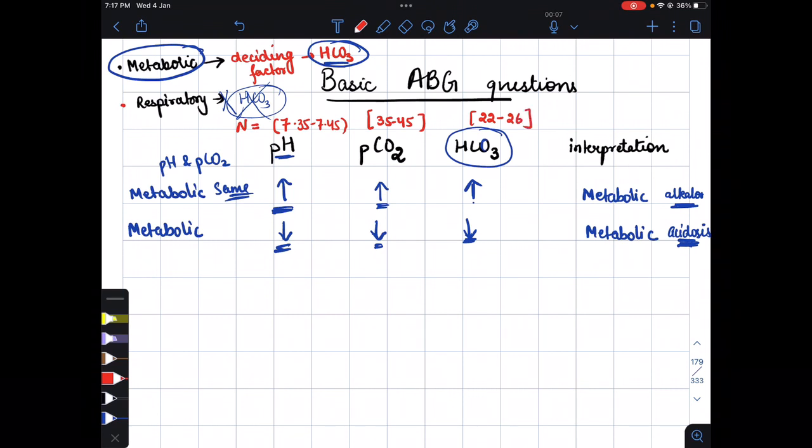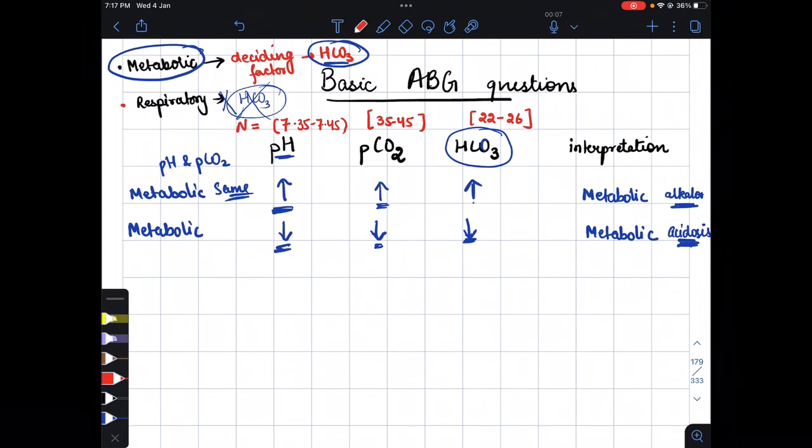So these are the normal values of pH, partial pressure of CO2, and bicarbonate. In this way we can decide whether it is metabolic, acidosis or alkalosis.